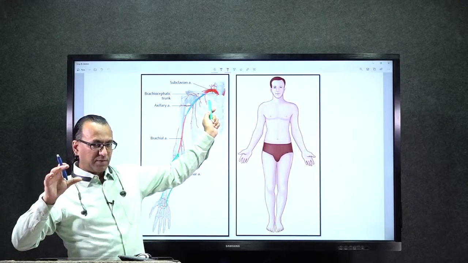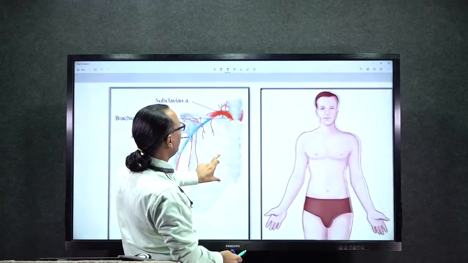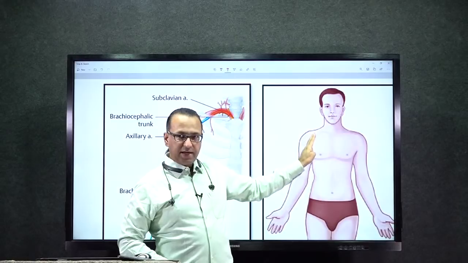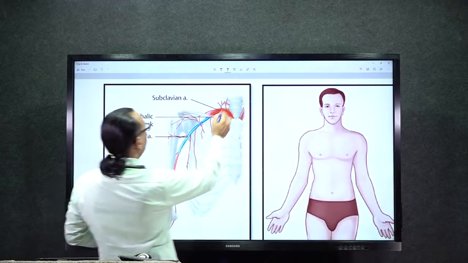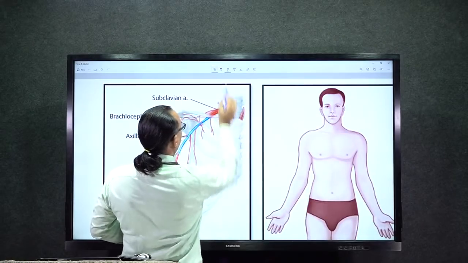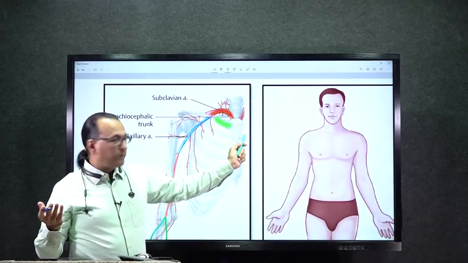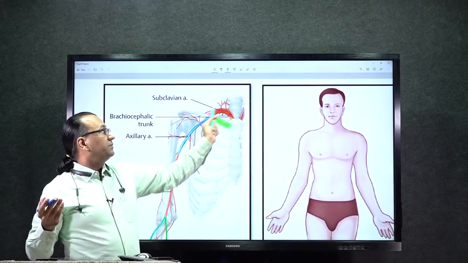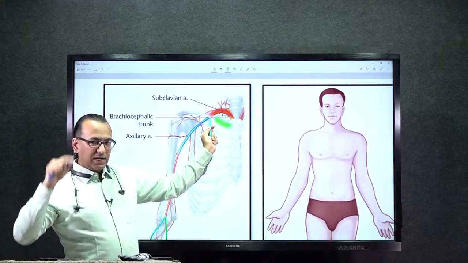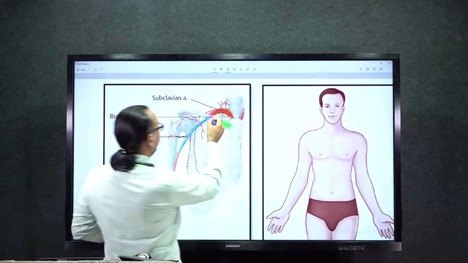Let me zoom this up a little bit here, and as you will notice, we are focusing upon the right-sided arterial tree here, and you can see now this is the first rib here. Now as it is the first rib attaching to sternum bone, it is crossed by the subclavian artery superiorly, and then it crosses the outer border of first rib to enter the axilla, become axillary artery.